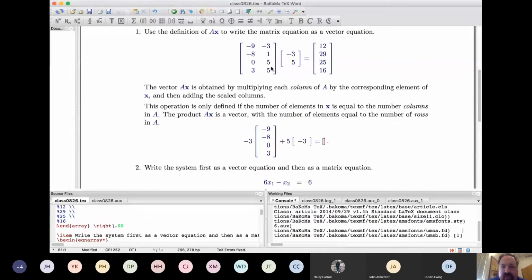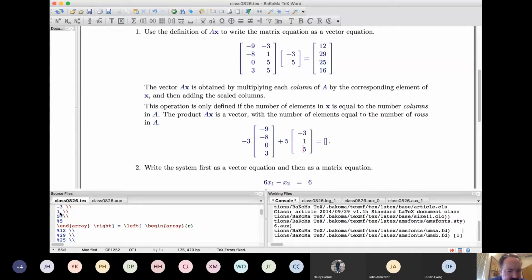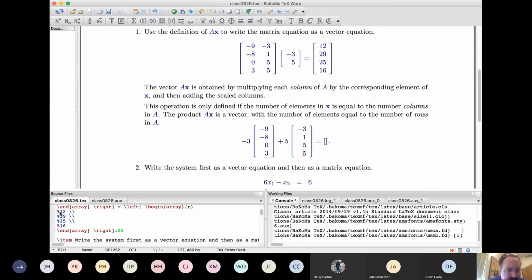Here I have the first column times minus 3, and then I will fill in the rest. All right, so here I have 5 times the second column, and then we still have a column vector on the right side.